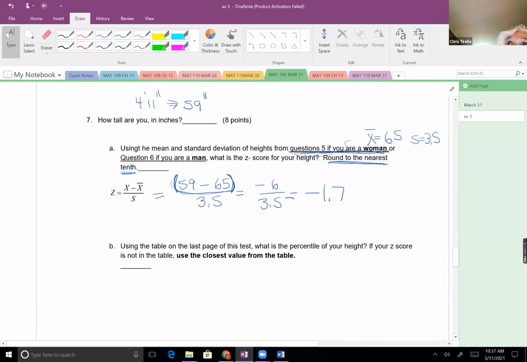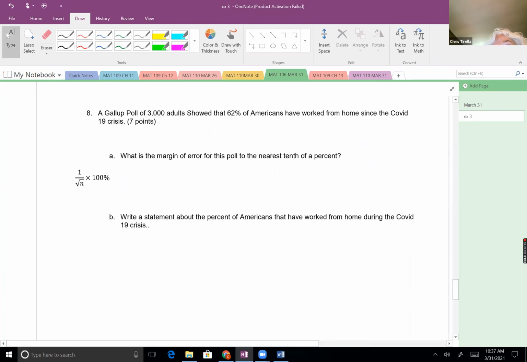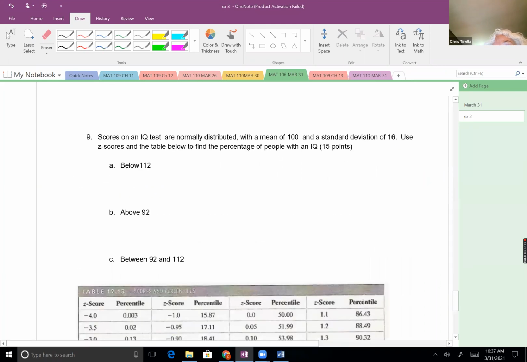And then when I wrote the test on my own, I only put the table in once. So to find the percentile, you have to look in the table. In my labs, the table will be built into the question. But here, because I didn't build it into the question, I just asked people to scroll to the next page.